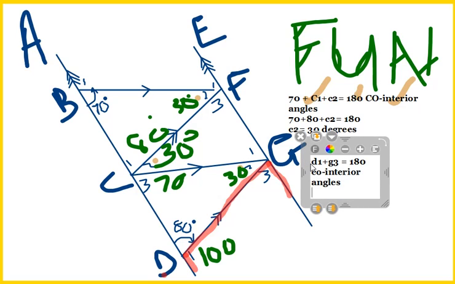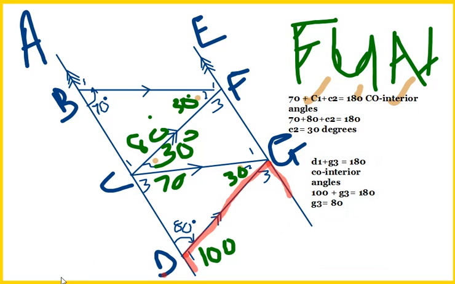If we substitute D1 as 100 plus our unknown G3 equals 180 degrees, G3 is 180 minus 100, which is 80 degrees. So we can fill that in and say G3 is 80 degrees.